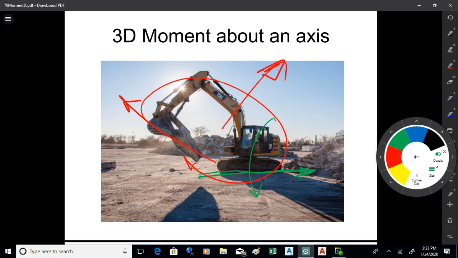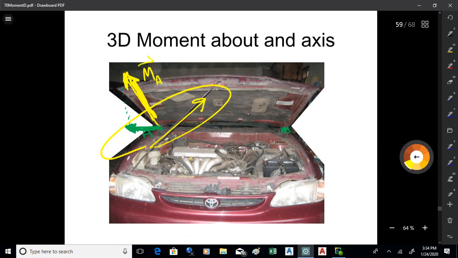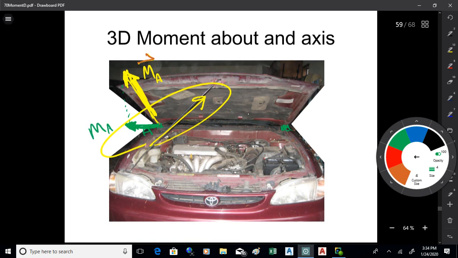About that axis. So what you do to find this number of a 3D moment about a given axis is you project it, and a projection is done with a dot product. So you find the moment vector, call that M sub A, and then you project it down onto the given axis that you're interested in, and that would get you what I would refer to as M sub A, let's call that B over here, MAB.